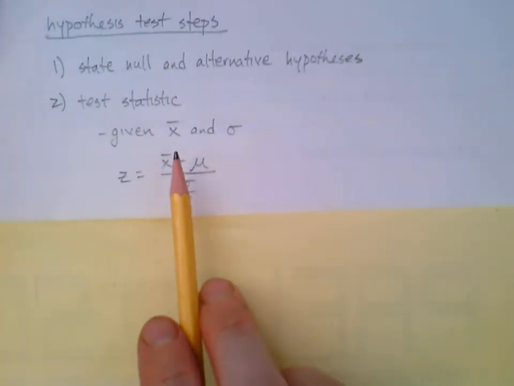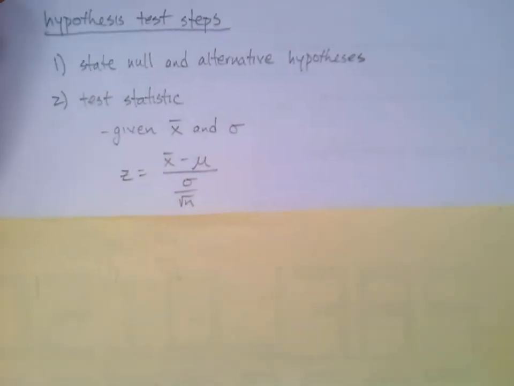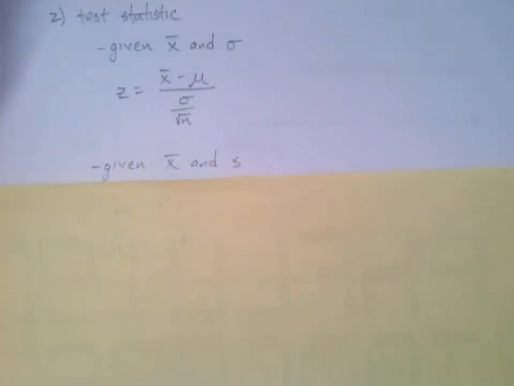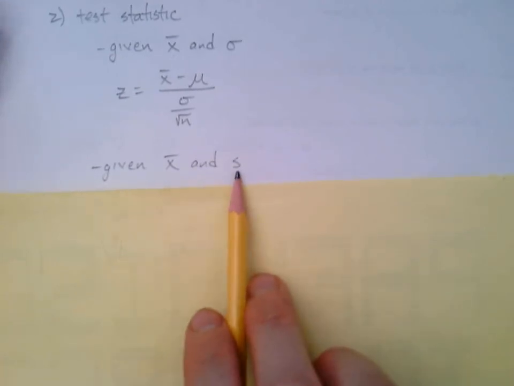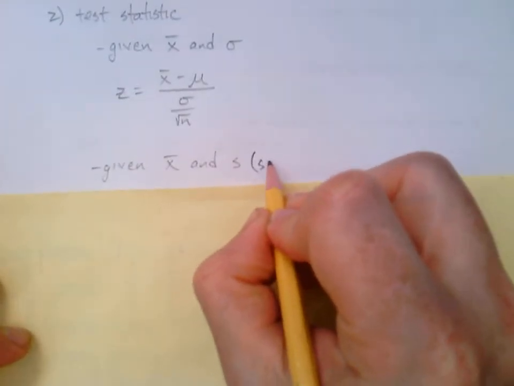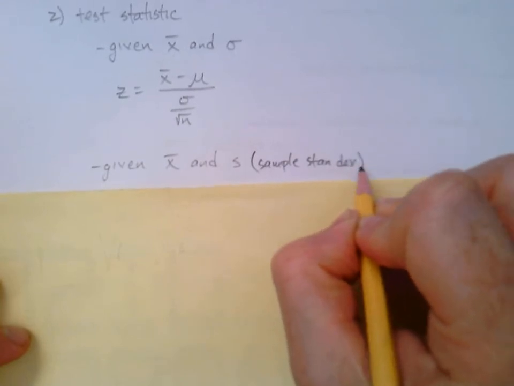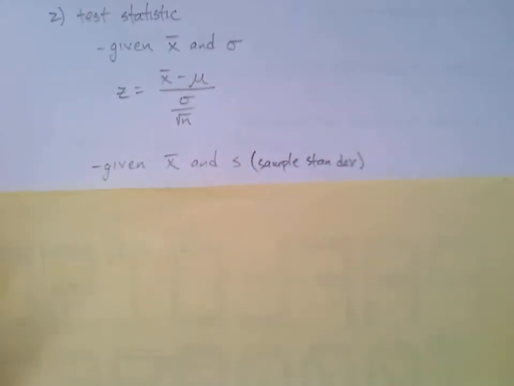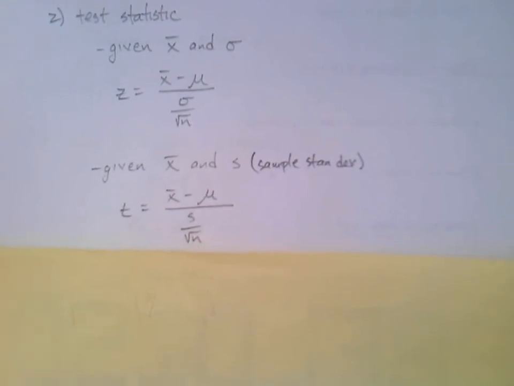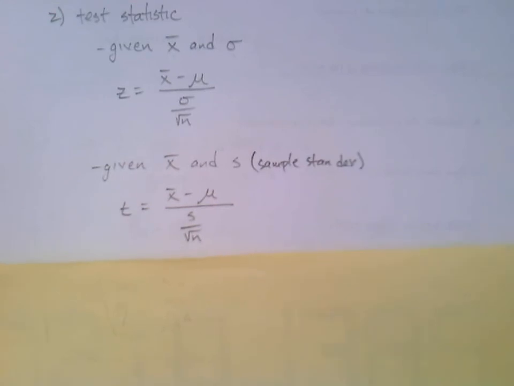But maybe we are not given the sample mean and the population standard deviation. Maybe instead we're given a sample mean and a sample standard deviation, S. Well, in that case, it's not a z-score we're finding. Of course, it's a t-score, although it pretty much fits the same formula, we just have S there for the sample. What makes a bigger difference here is finding the p-value that we need, the t calculator.